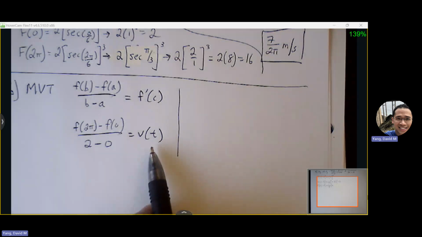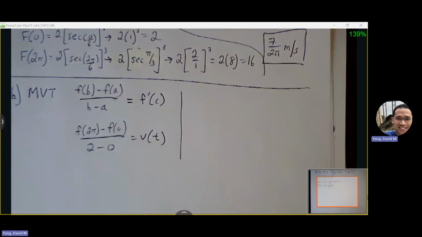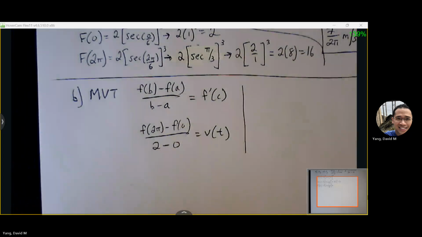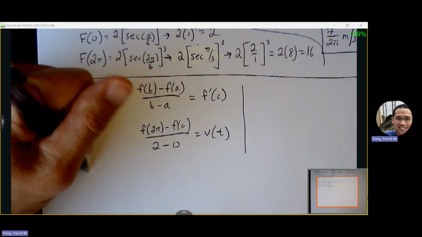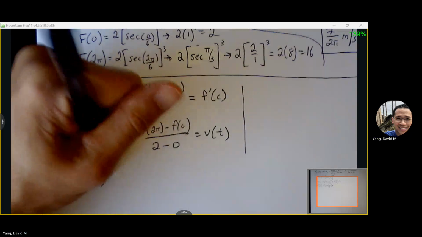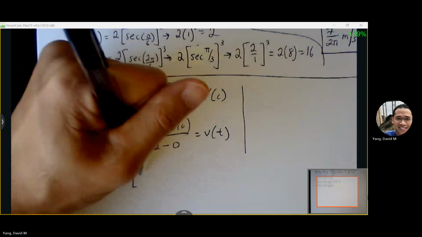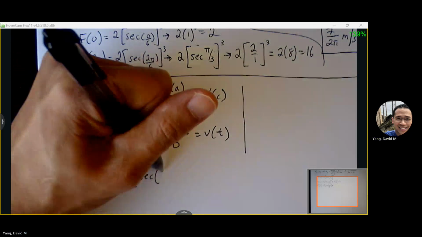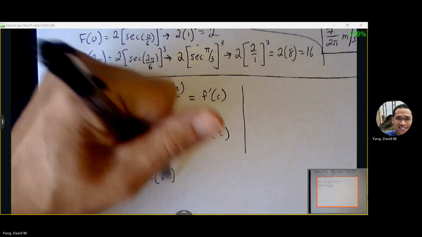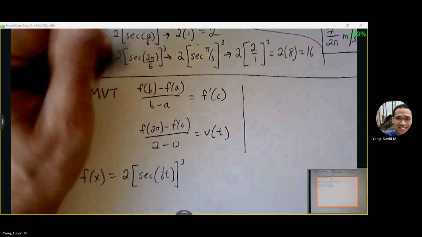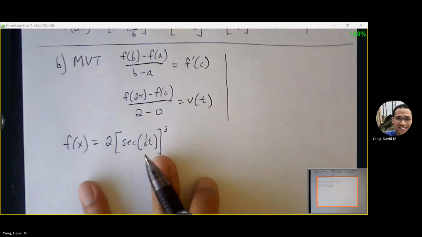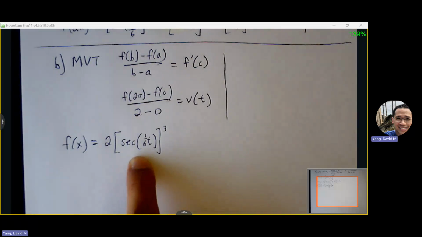So we'll find f prime, or call it the velocity function. So we set the derivative equal to our average velocity. So here's my position function again. And we definitely have to go through chain rule here, right?